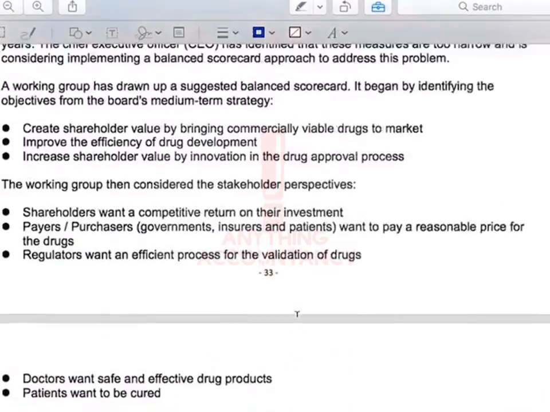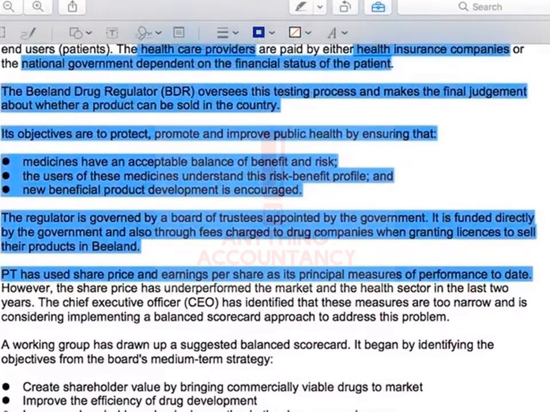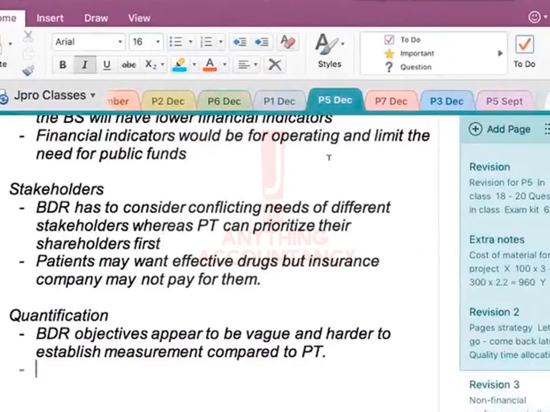Look at it. They want to achieve things like risk and benefit. Okay, the users just understand. Okay, but medicine must have an acceptable balance of benefit and risk.